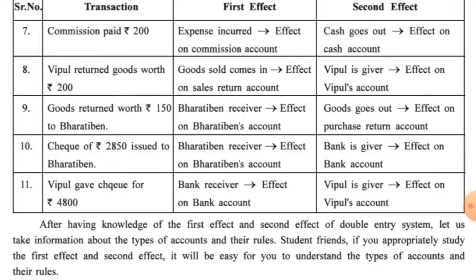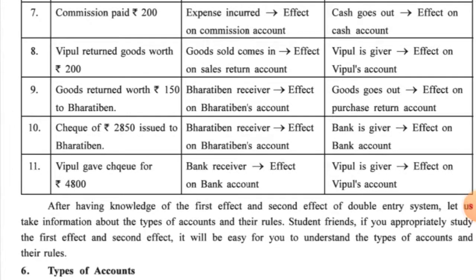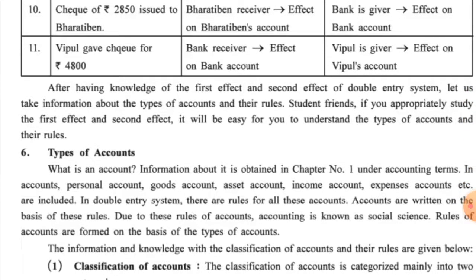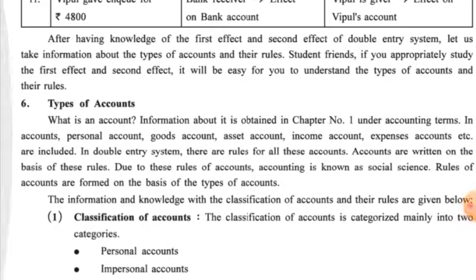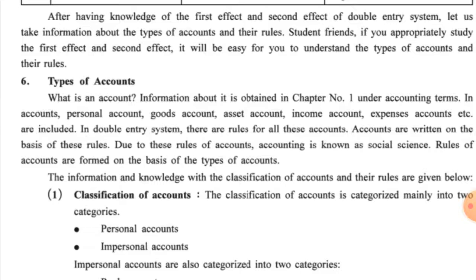Okay, students. So today we have understood first of all how to identify whether a particular transaction is a cash transaction or a credit transaction, and what would be the dual effect of any transaction in the double entry system. Now after understanding the two effects of each transaction, let us understand the types of accounts.